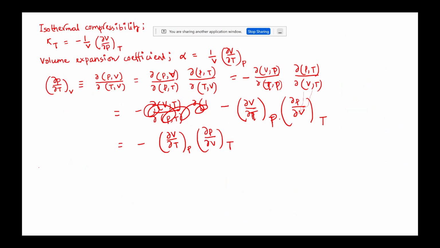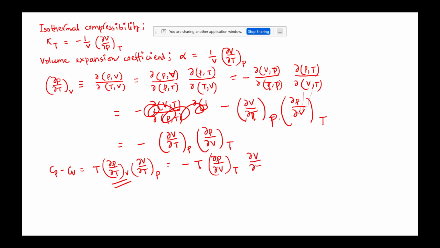So then Cp minus Cv becomes, so there was one T again, so T, and del P del T V, let me write it here so that there will be no more confusion, and del V del T P. So for this expression I will substitute this, so this will be minus T del P del V T times del V del T P whole square, because there is one del V del T P here and also one here, and after substituting this expression there is also one del V del T P here, so that will be a square.